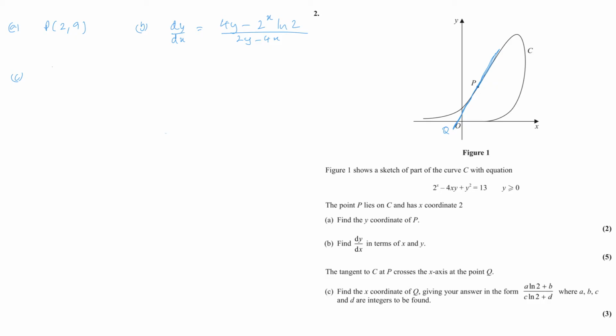We've got the coordinates 2, 9, so dy by dx equals 4 times 9 minus 2 to the power 2 ln 2 over 2 times 9 minus 4 times 2. So that's 36 minus 4 ln 2 over 18 minus 8.